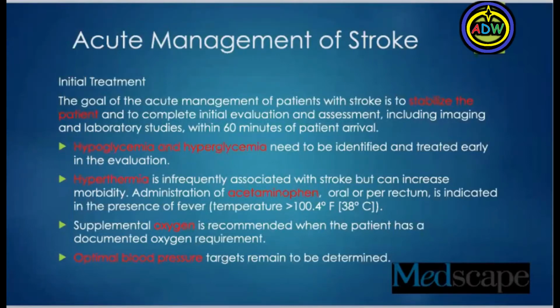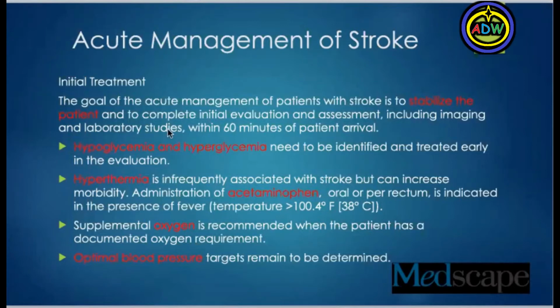Hyperthermia is also not a good prognostic symptom in stroke patients. So we have to manage hyperthermia by giving the patient acetaminophen, supplemental oxygen if needed, and optimal blood pressure.